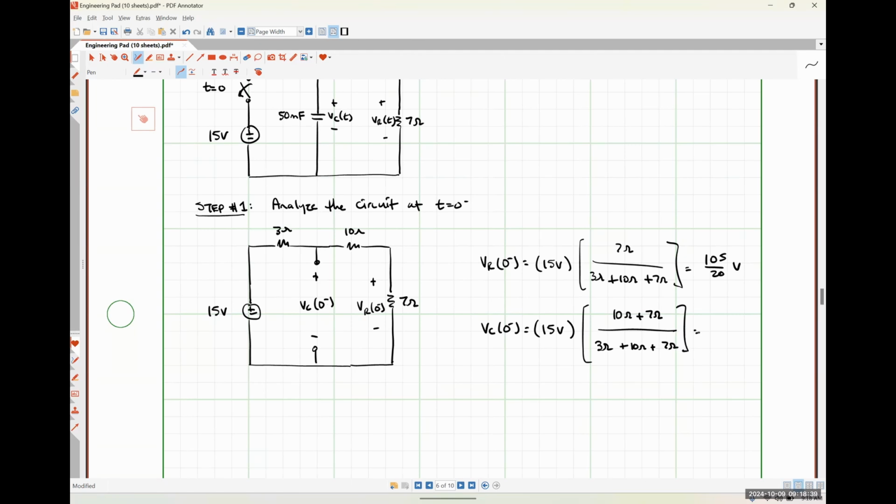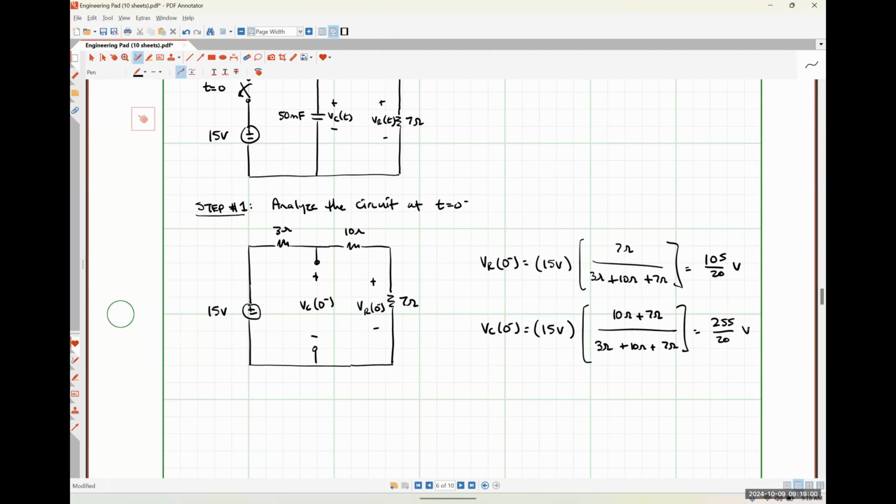Let's see, 17 times 15 is going to be 225 plus 30, so 255 over 20. If I did that mental math correctly. Yep.